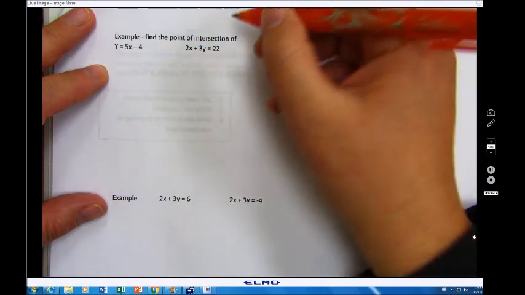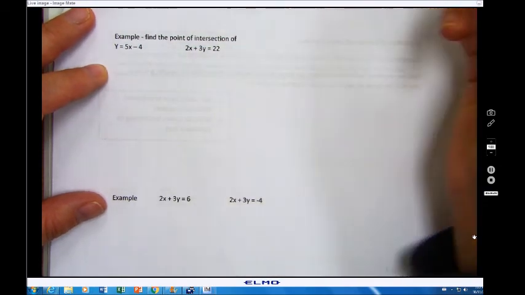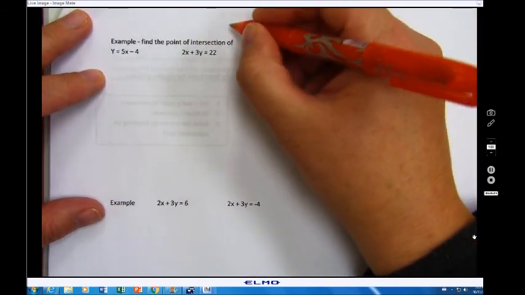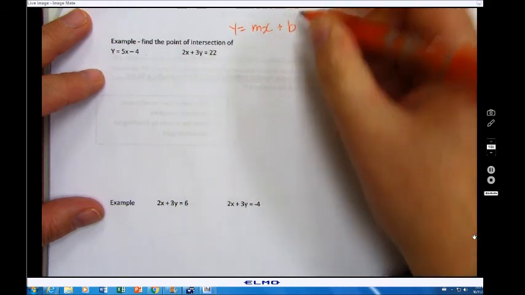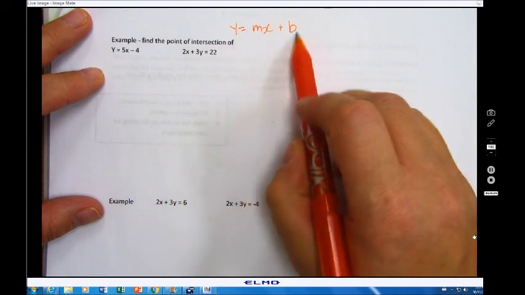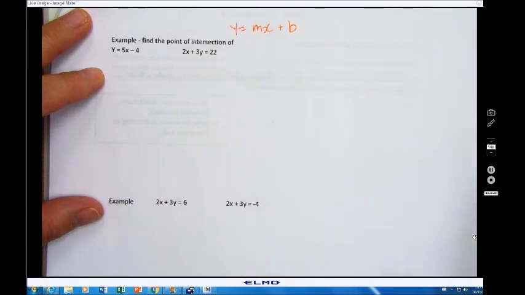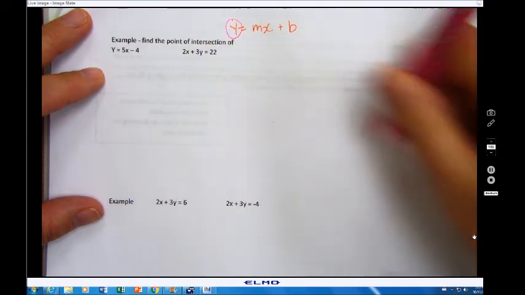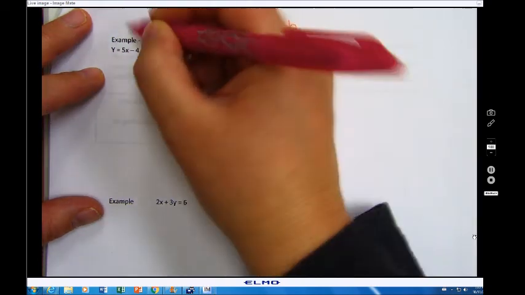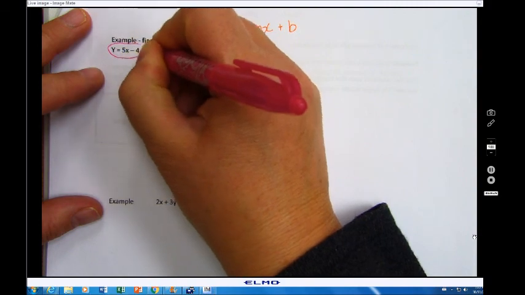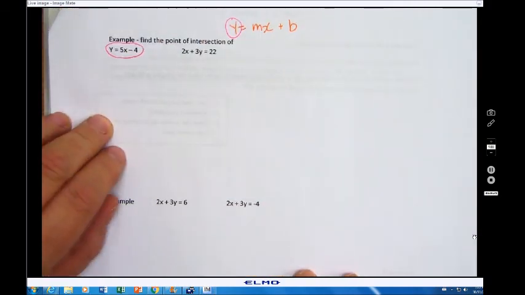And whenever we do this, in order to put it into the calculator or the iPad, we have to get it into y equals mx plus b. It doesn't necessarily have to be in this form, but we need y equals. And then we can put it in the calculator or the iPad. Now, this first one is already done for us, so we don't have to manipulate anything.